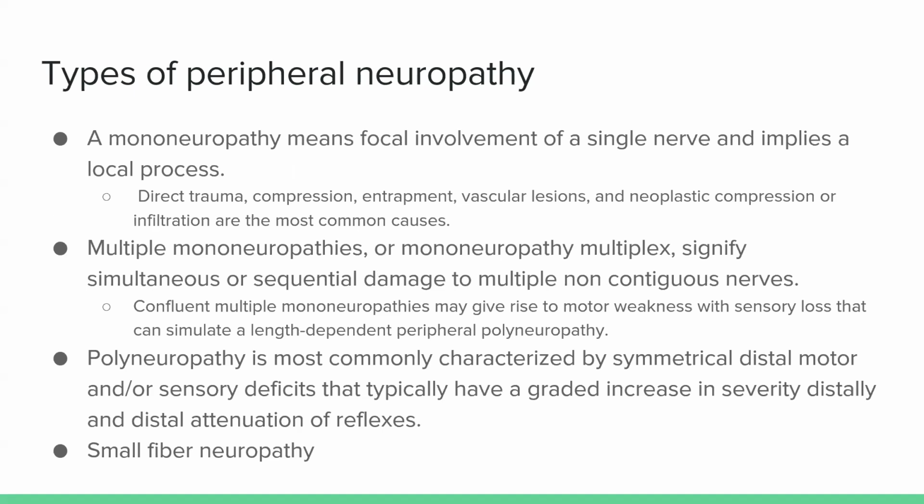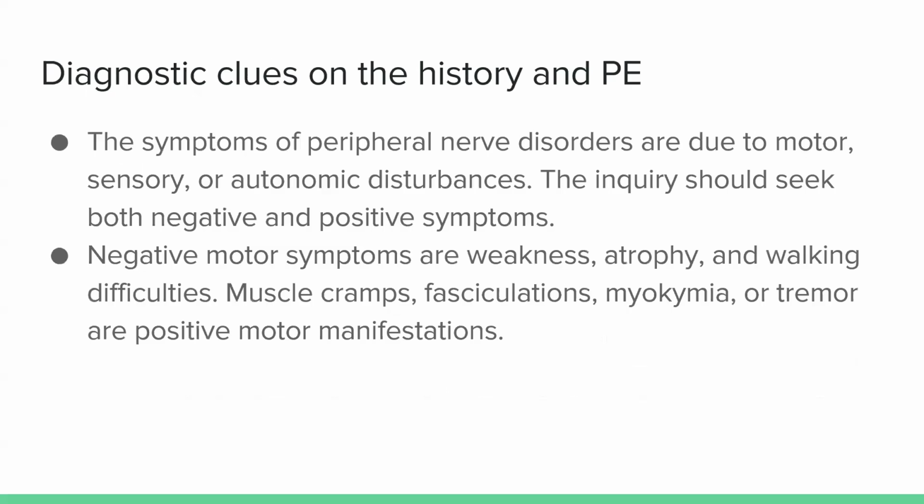For example, you have neuropathy in the upper arm and then neuropathy in the lower extremity. Polyneuropathy is rather a symmetrical distal motor and sensory affection. That means usually the legs are involved before the hands are involved, or vice versa. Small fiber neuropathy, they affect the small fibers, and they are usually the painful neuropathies.